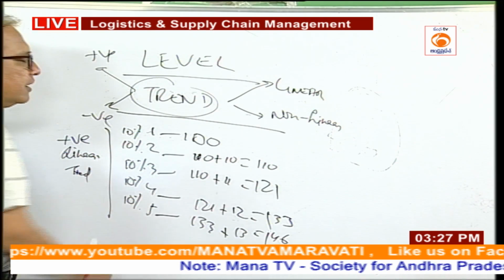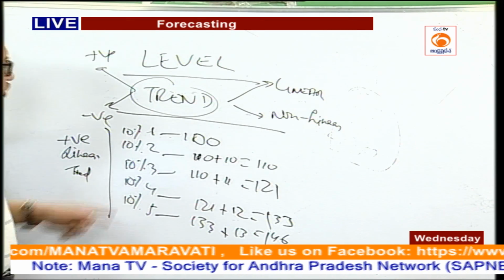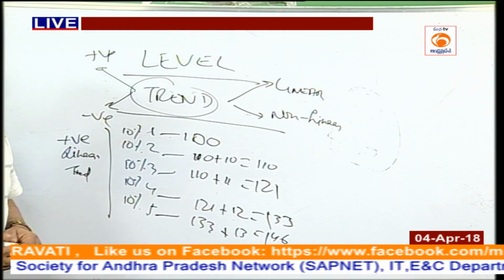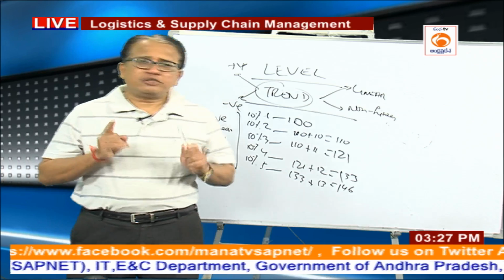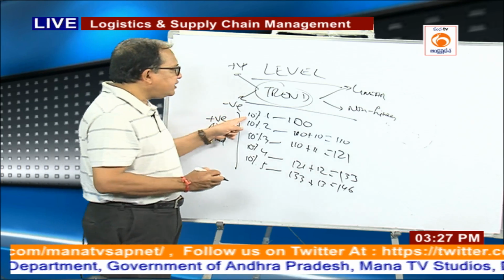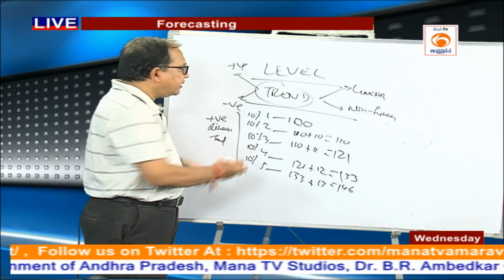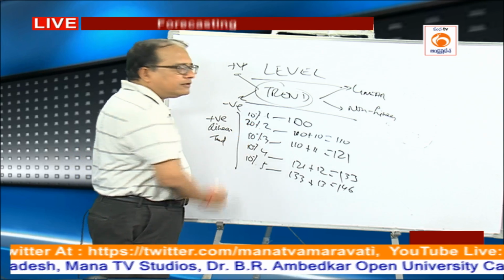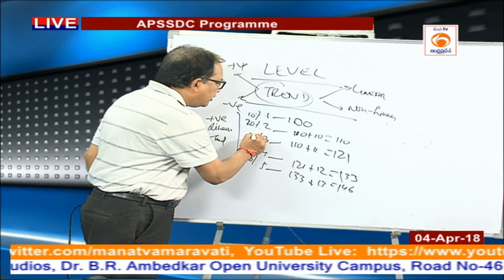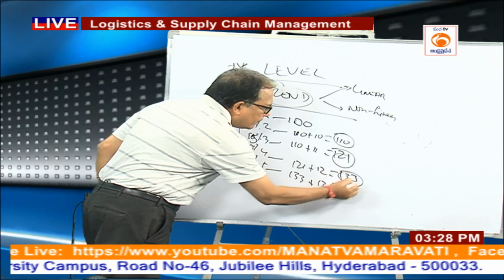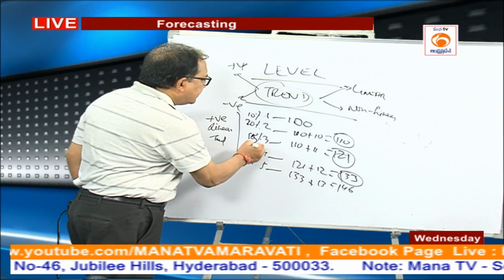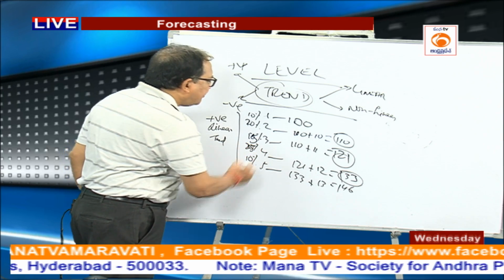What is non-linear trend? Now, assume the same scenario, the demand of the product is still increasing. So, it is a positive trend, but instead of 10% in the second period, it may go up by 20%. Third period, it will go up by 15%. So, all these figures will change. Again the next period, it may increase by 25%.